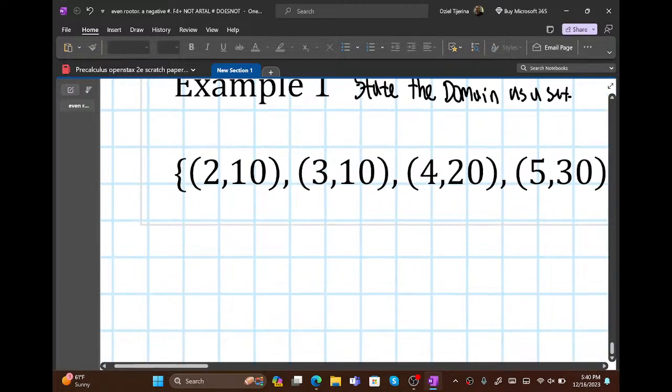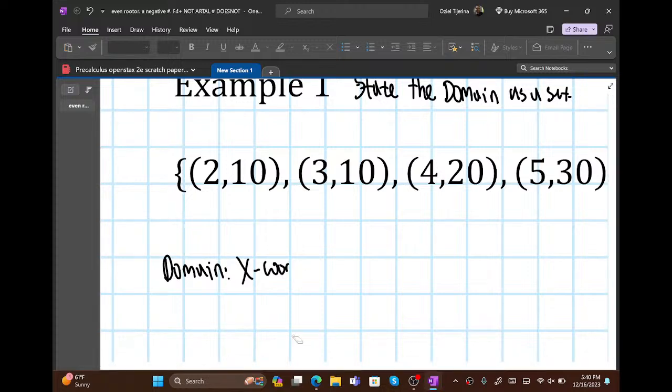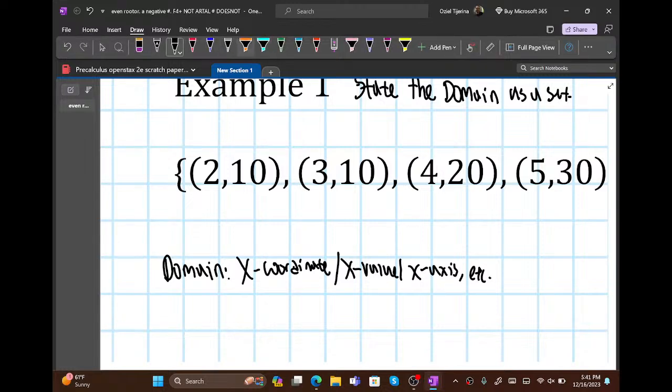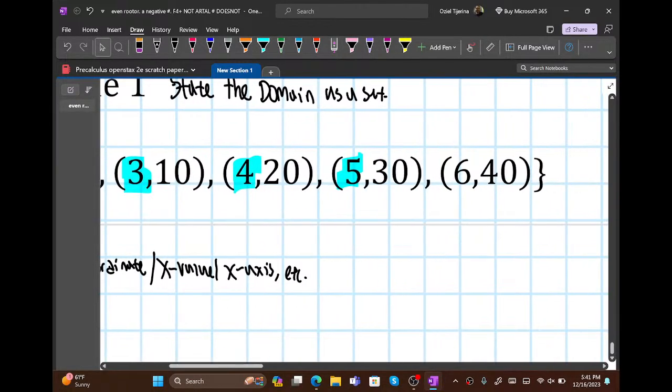So we want to remember that the domain represents our x coordinate, x-axis, x value. Whatever, right? So in our domain, we know that as a set, we have these things going on here: 2, 3, 4, 5, and 6.